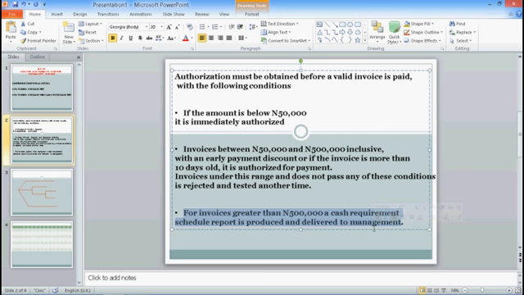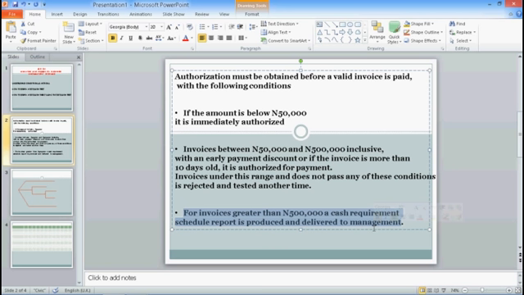If it is between 50,000 and 500,000, then we test some other conditions, and if the invoice passes those conditions, then it is authorized for payment. But if it fails any of those conditions, it's rejected and tested another time. Then for invoices greater than 500,000, a cash requirement schedule report is produced and delivered to management.